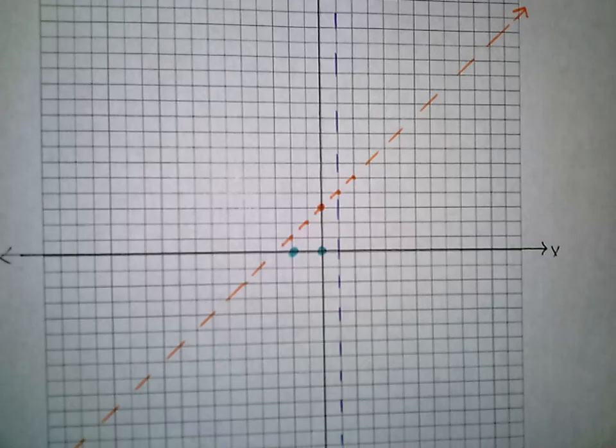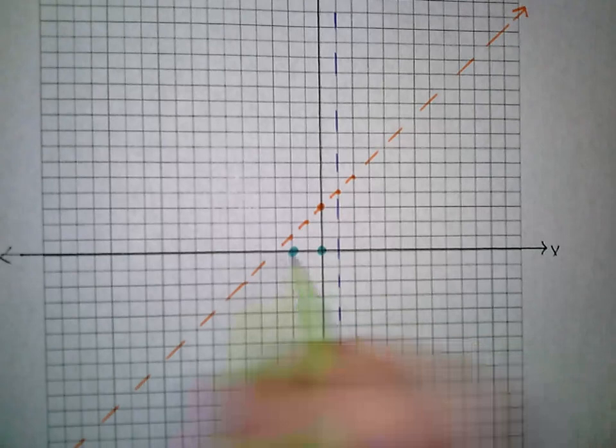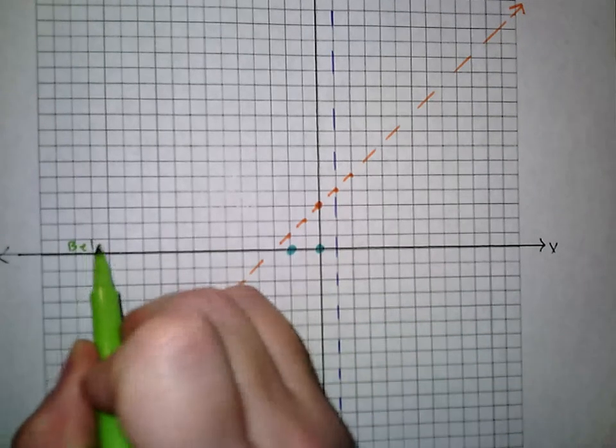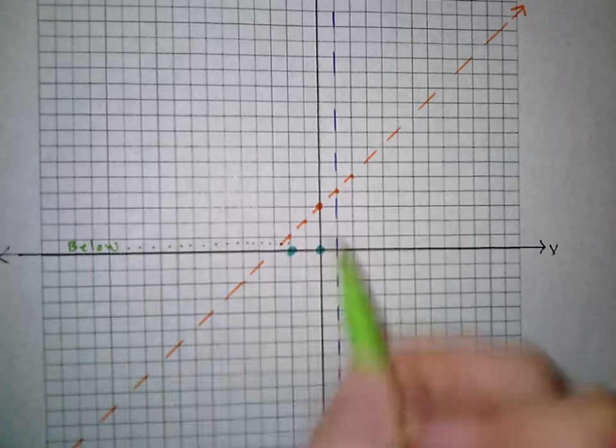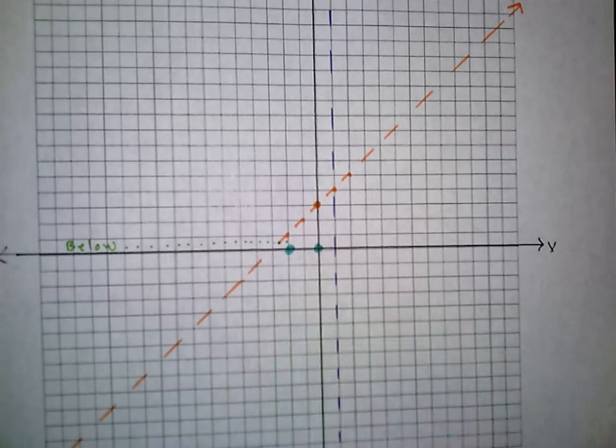Okay, next ordered pairs on there. Well, we've got our sign chart with above and below, and then we've got a few extra ordered pairs. So in between negative infinity and negative 2, our graph is going to be below the x-axis all the way up to negative 2.